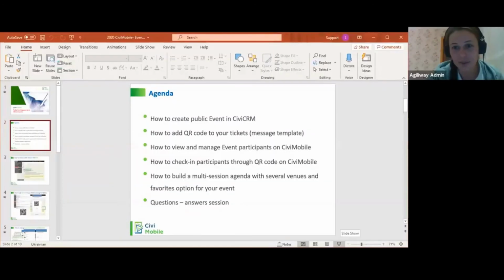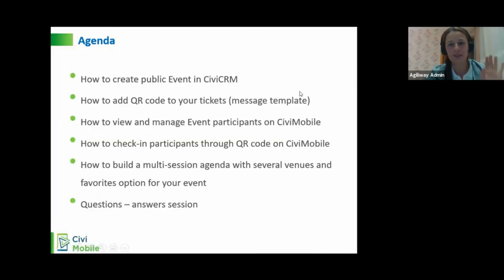I just want to summarize for a second. I want to share screen like before. Okay, let's go back to our presentation. Let's check our agenda to see if I'm missing any information. How to create a public event, I showed you. How to add a QR code, I showed you.